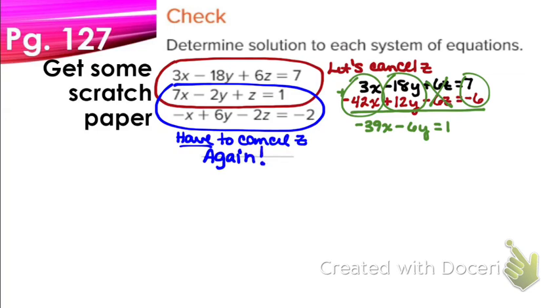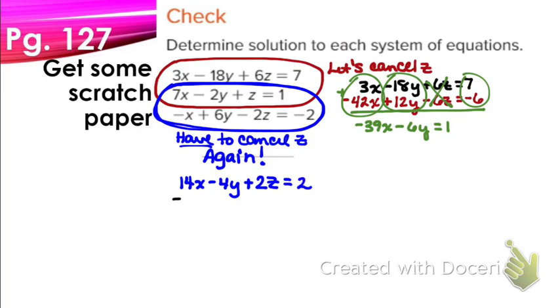So what do I want to multiply by this time to make z cancel? What are we going to multiply by with these bottom two equations if I want to make z cancel? Multiply everybody by positive 2. So 14x minus 4y plus 2z equals 2.